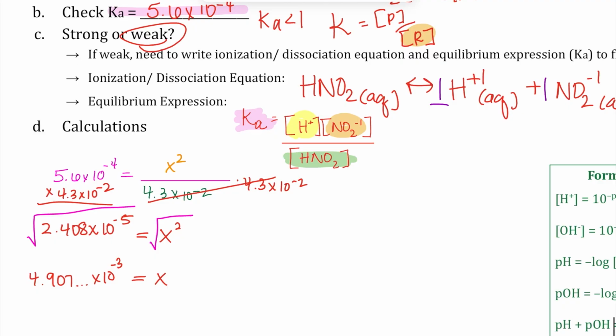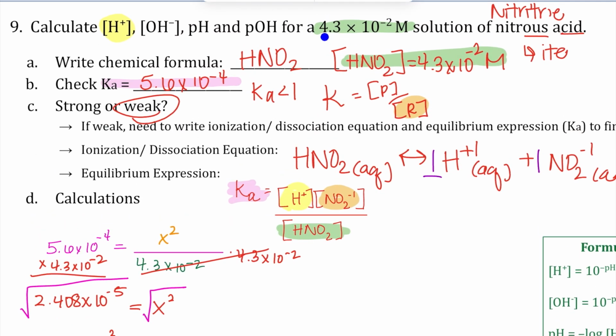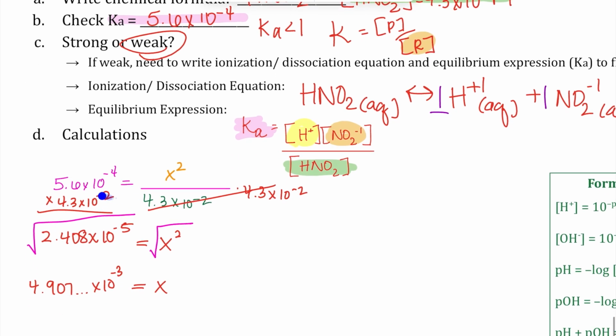Let's look at what we plugged in for our calculations. With our strong acids and bases, we only have our concentration that is in our problem. We though do have, if we look at what we plugged in over here, our 5.6, that's 2 sig figs, and our 4.3.